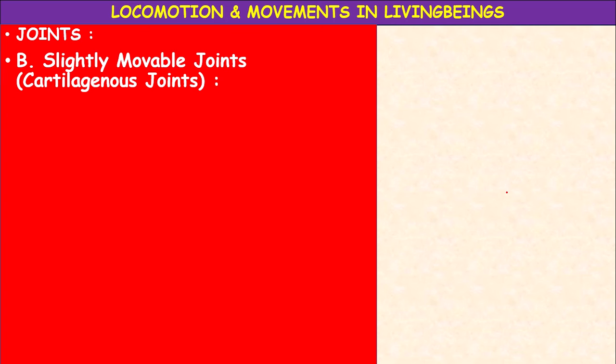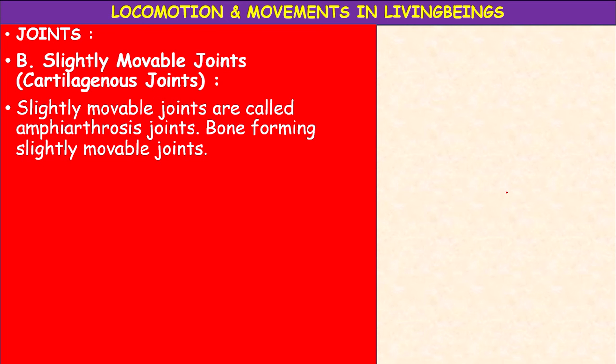Next, second type, slightly mobile joints. What are slightly mobile joints? They are also called cartilaginous joints. The slightly mobile joints are called amphiarthrosis.